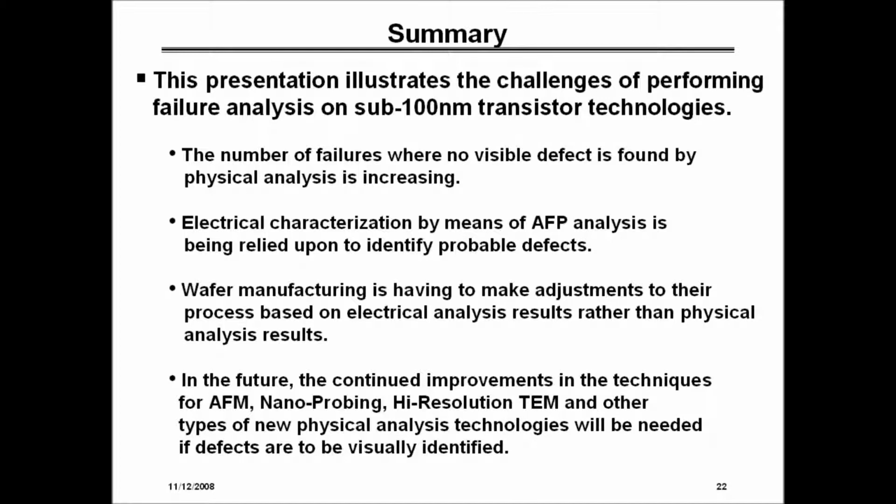Thinking about it, you could possibly use the FIB to open up, if say you were interested in probing on a metallization line, especially if it was the top layer of your metallization. You could open a window with your FIB and access the middle lines.